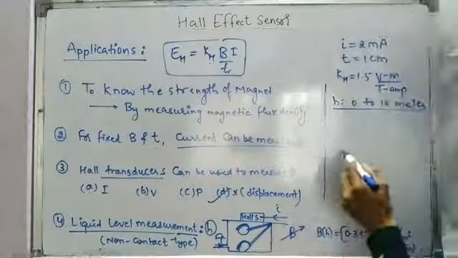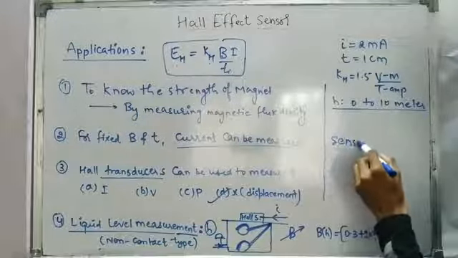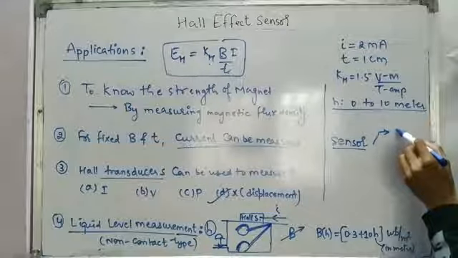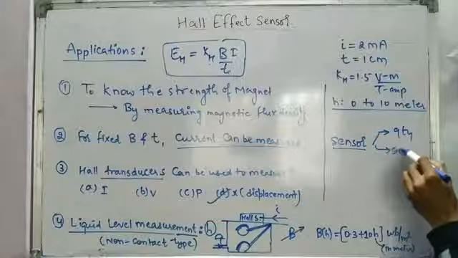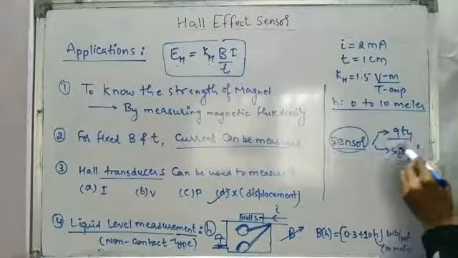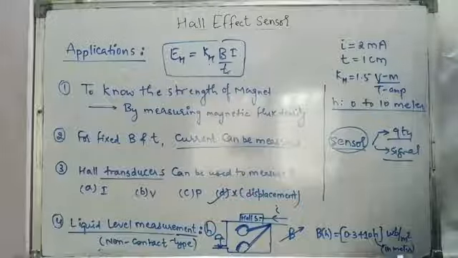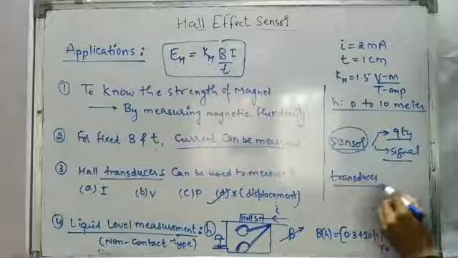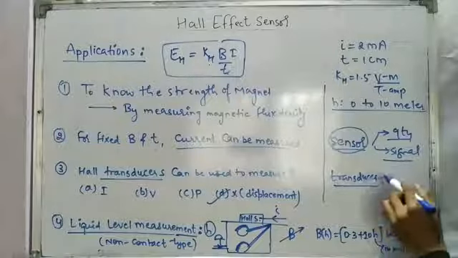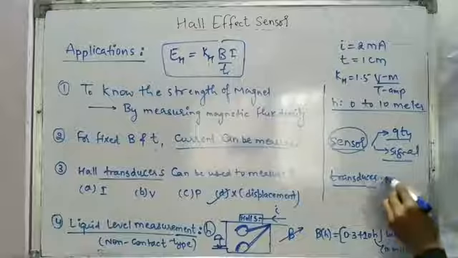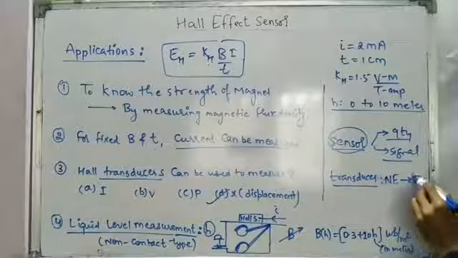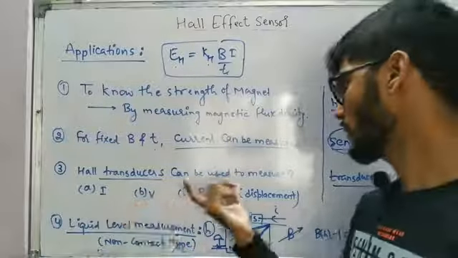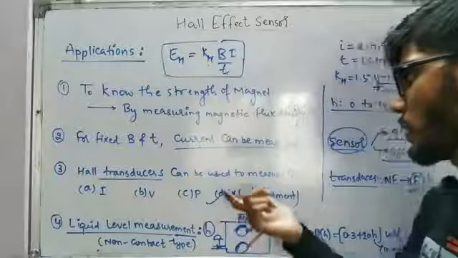If it is mentioned as a Hall sensor, a sensor can have an output quantity or output signal that is electrical as well as non-electrical, whereas the definition of a transducer is that it measures a non-electrical quantity and provides us an electrical output. Since the question is asking what it can measure, it is talking about the input.